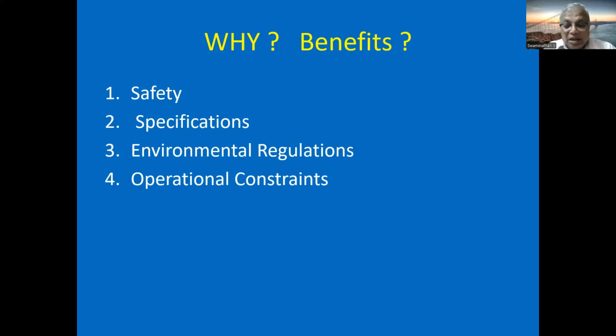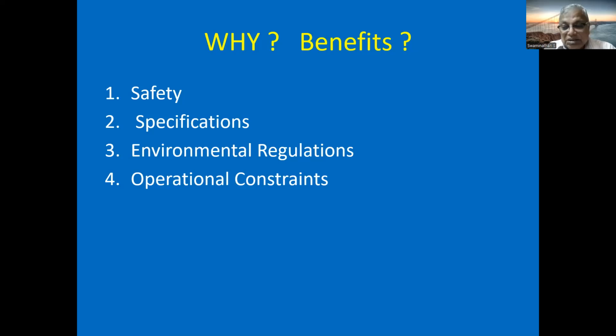For example, if the temperature exceeds a particular value, the reactor material may be able to stand it, but the reaction will fail. There may be unwanted side reactions. The product will get contaminated. The reaction will not take place to our expectation.